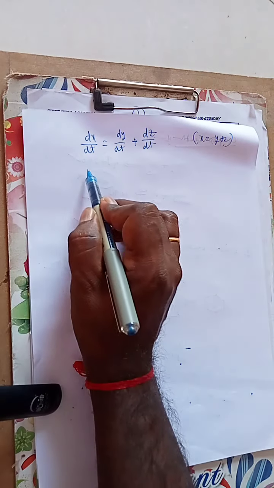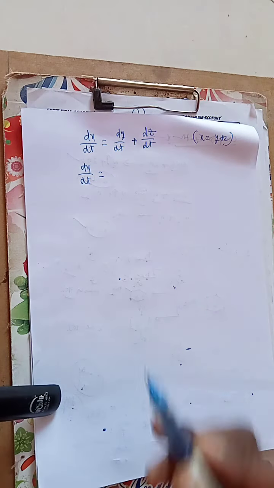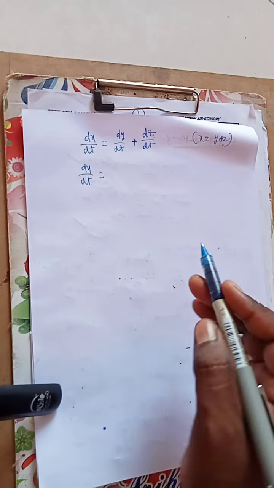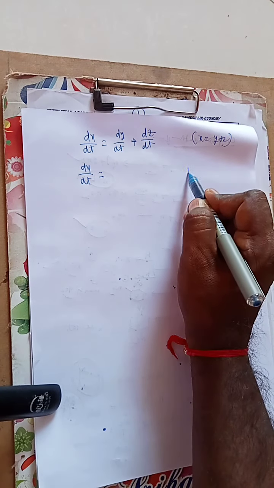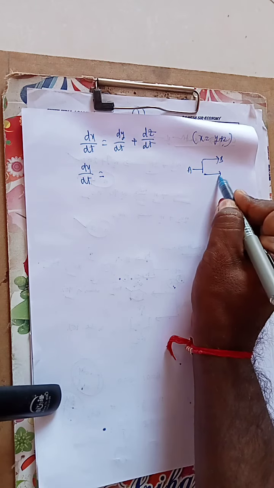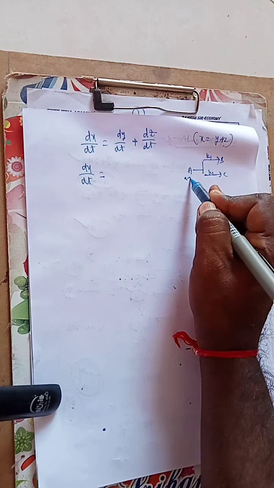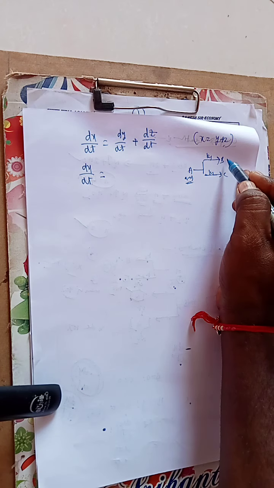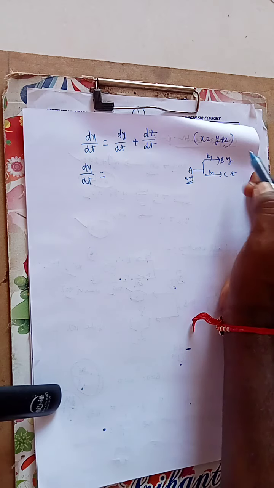After that, dx by dt is equal to... here, we have already discussed this type of reaction. A, here B, here C. This is k1, this is k2. Here A minus x, here this is the y, this is the z.